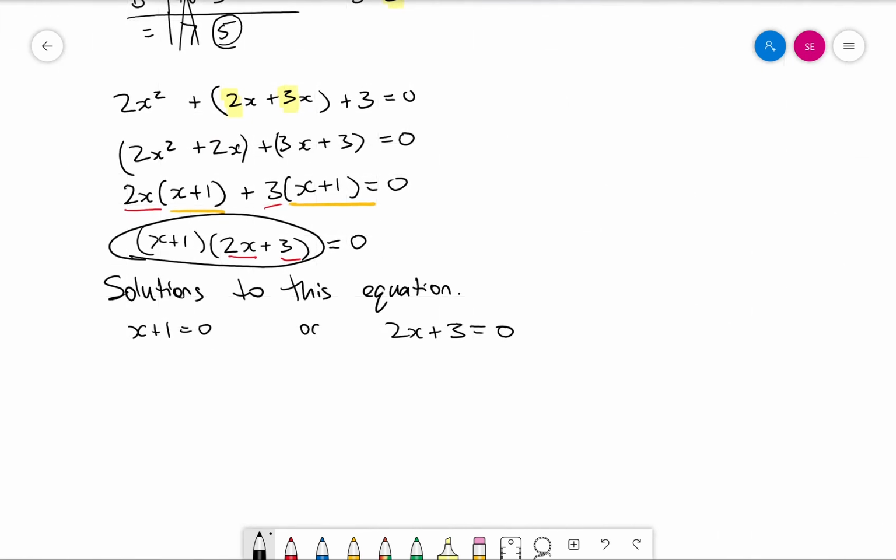Both of those are solutions. Here we've got x is equal to minus 1, and on the right hand side we've got 2x, we'll take 3 from both sides. It's equal to minus 3, and then we'll divide by 2. So we get x is equal to minus 3 on 2. So these are our two answers.